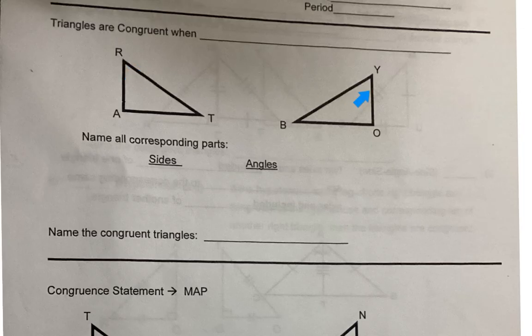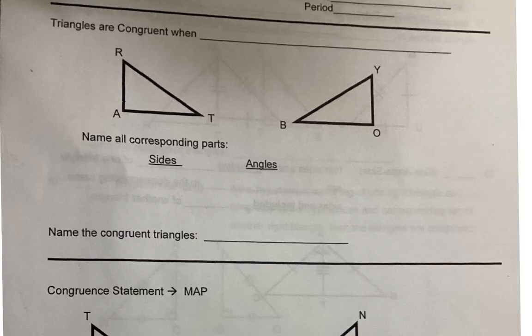Angle R and angle Y are corresponding. Angle B and angle T, or angle T and angle B, are corresponding. That means if we were to flip this triangle across the vertical line, these two triangles would be identical, and we're just matching the parts in the same location, same place.